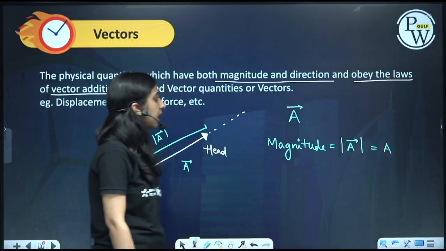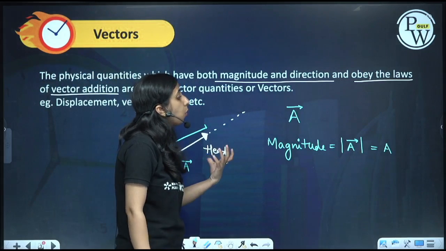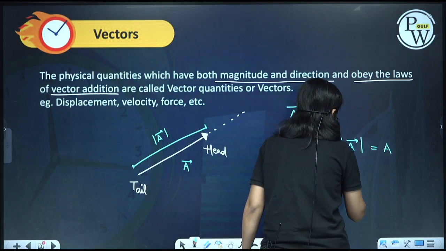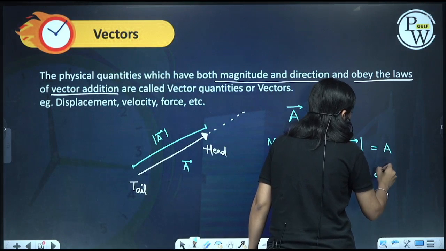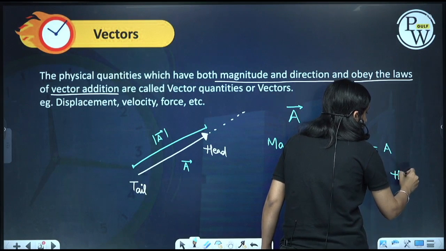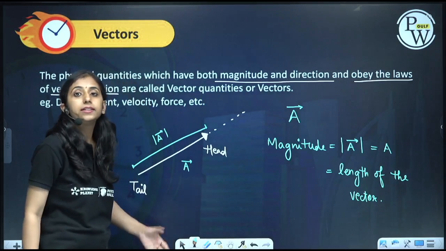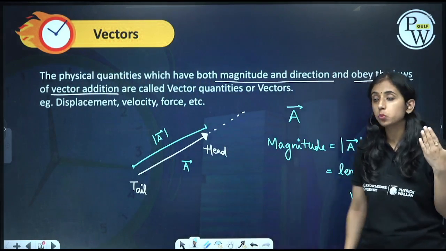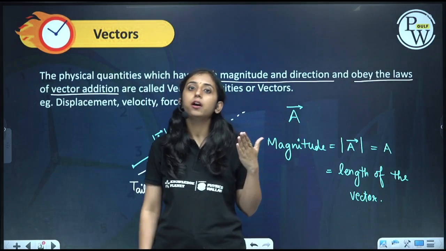Now magnitude is equal to the length of the vector. My length of the vector tells me the magnitude of the vector, and the direction in which the arrowhead is pointing will tell me the direction of the vector.